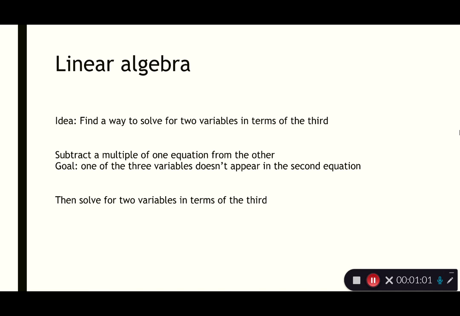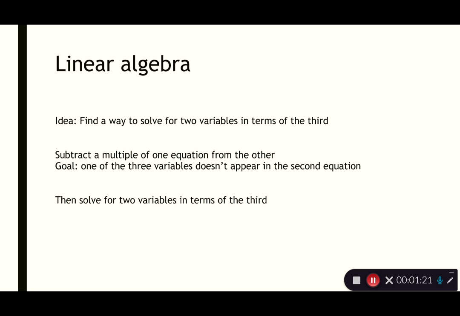We have two equations, and what we want to do is figure out how to use one variable to solve for the other two. And the method is one that's going to show up in solving systems of equations, and if you ever take a linear algebra course, you'll see this over and over and over again.